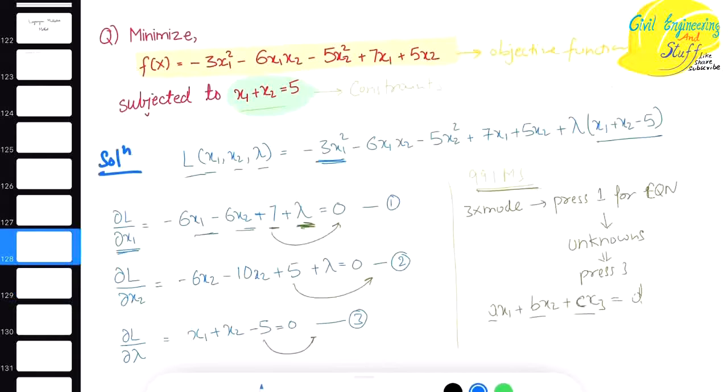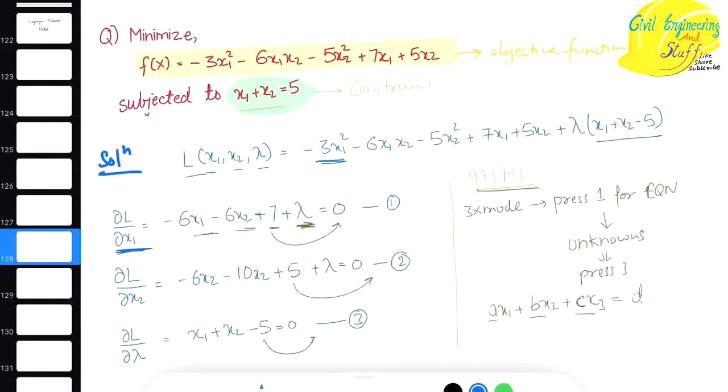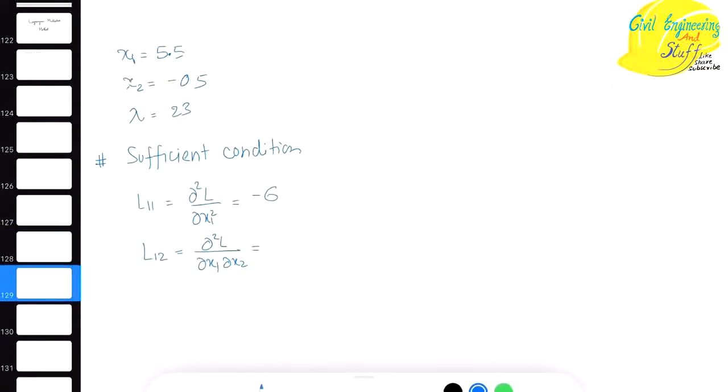Equation 1 has already been differentiated with respect to x1, so now we differentiate it again with respect to x2. Since only this term has x2, everything else is treated as constant and becomes 0, so the value will again be minus 6. This is our L11 and L12.